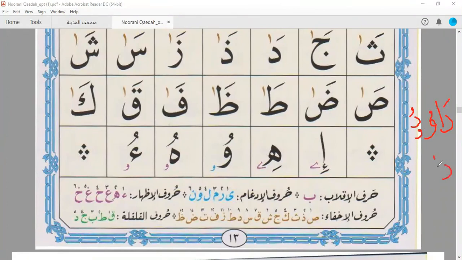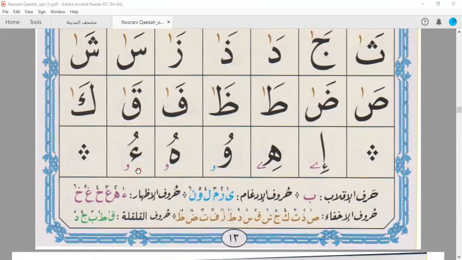Instead of writing two waws, this waw is shrunk into a small one, so that, like I said, in Arabic we don't like repeating things a lot. So two waws together is not liked, so that waw is removed and it's made into a small waw. If you were writing pure Arabic, without any signs, you would write: dal alif waw and dal, dawood. That's it.